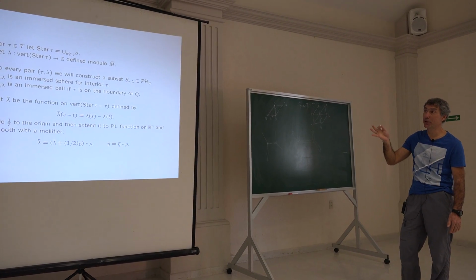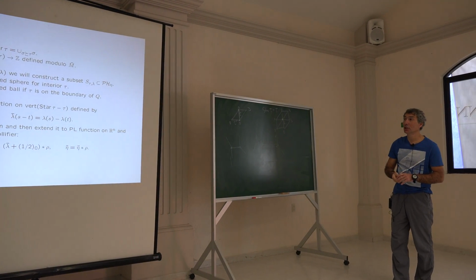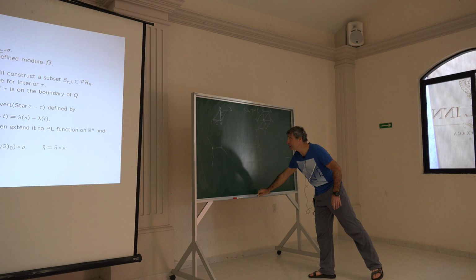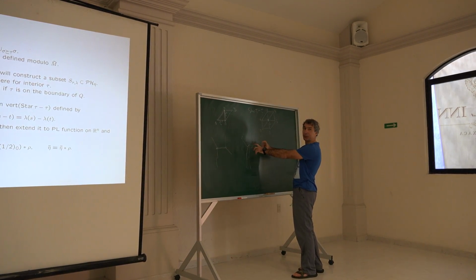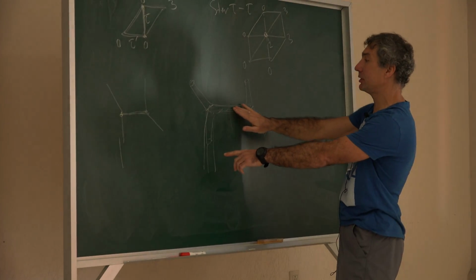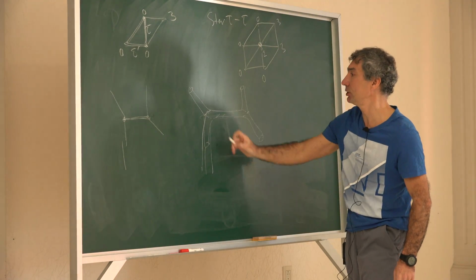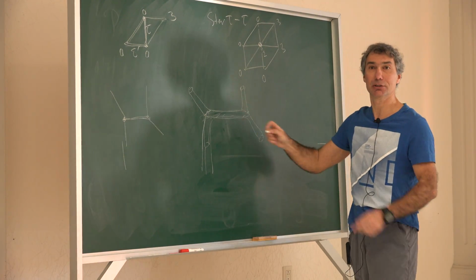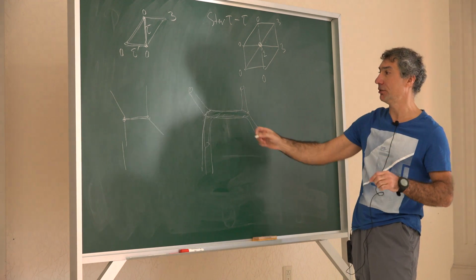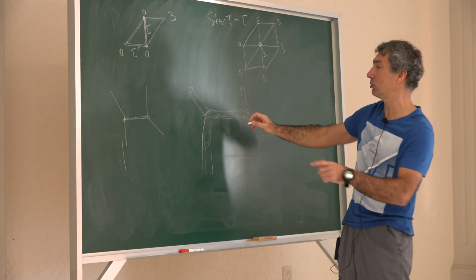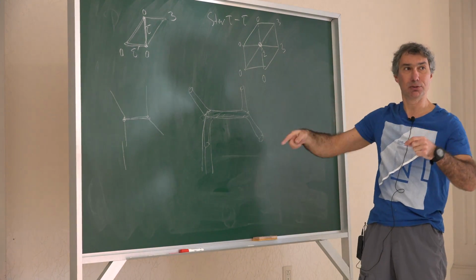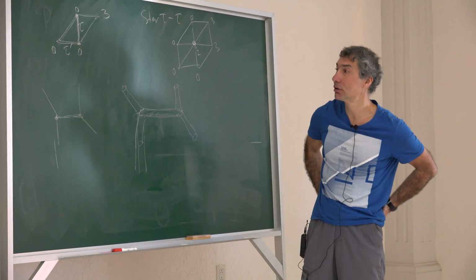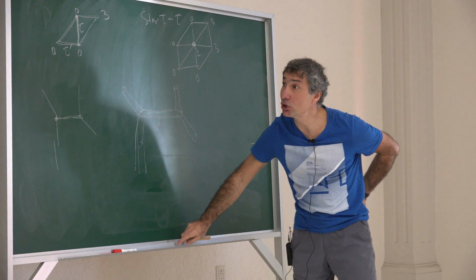So for every pair, I'm constructing an object. The meaning of lambda is this twisting. If lambda is 0, I would get the usual untwisted thing. But when lambda is not 0, I do my circle here and twist it as I go along the corresponding edge.